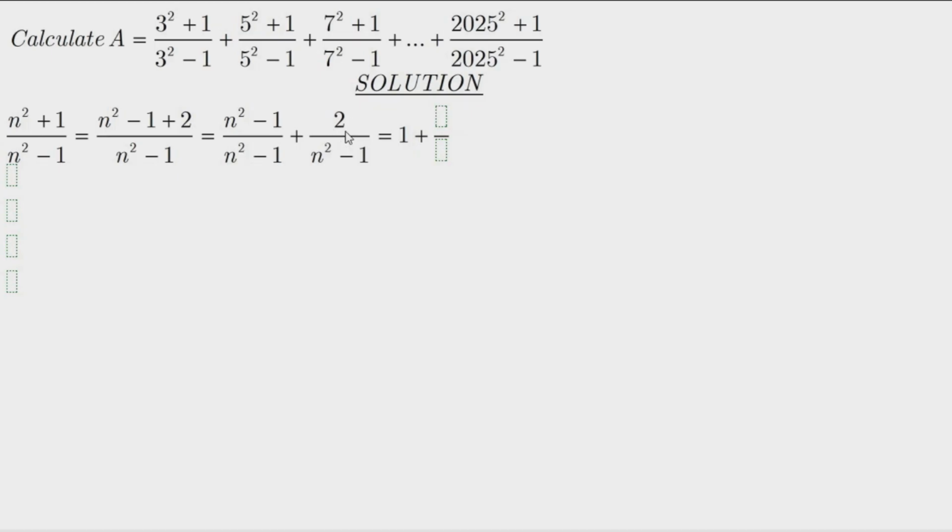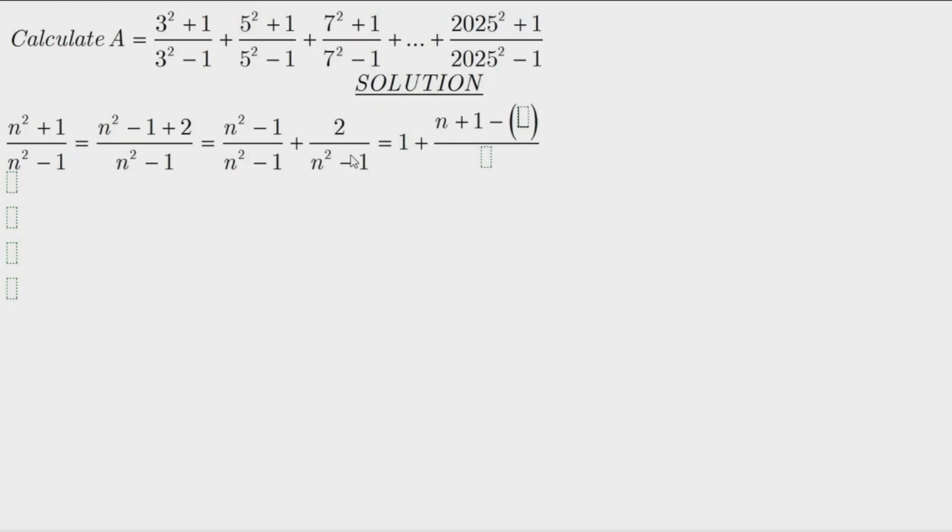these fractions. These fractions can be written as (n plus 1 minus n minus 1) divided by (n square minus 1). You can see that plus 1 and then minus and minus will be plus 1, and plus 1 plus 1 will be equal to 2, and n minus n will be 0.